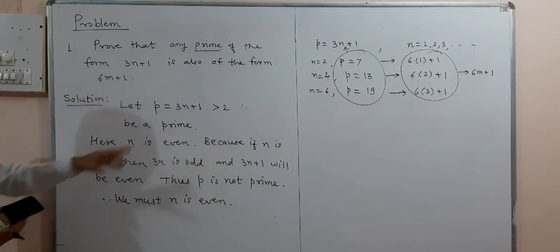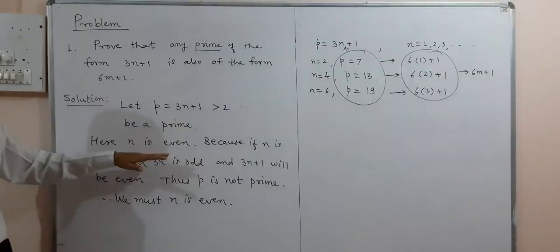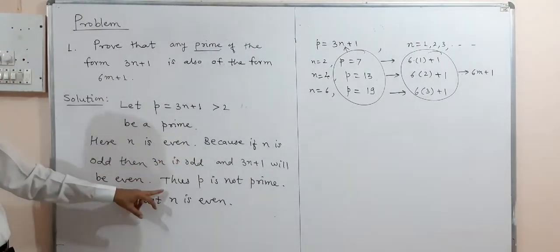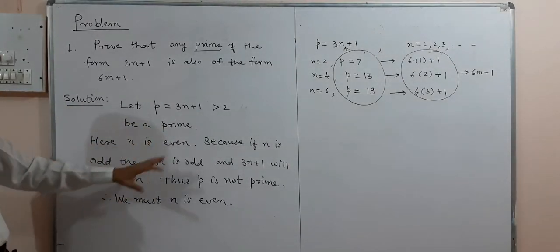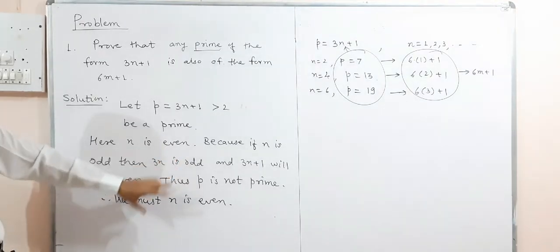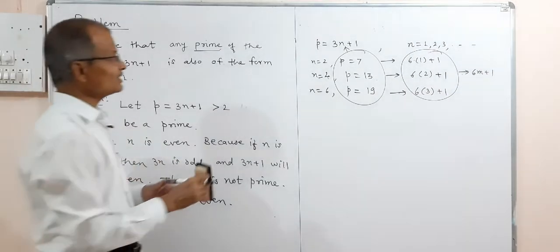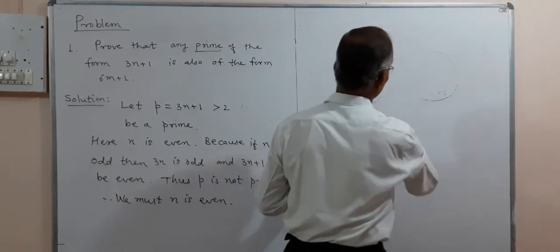And thus in this expression we have stated that n is even. What happens if n is odd? Then we get a contradiction. P is not prime but P must be a prime, and therefore this possibility is not there, and this must be true. N is even. And if n is even, we can write n as a multiple of 2.